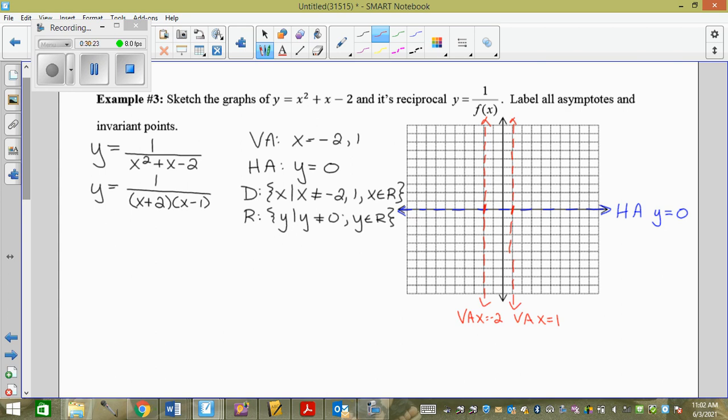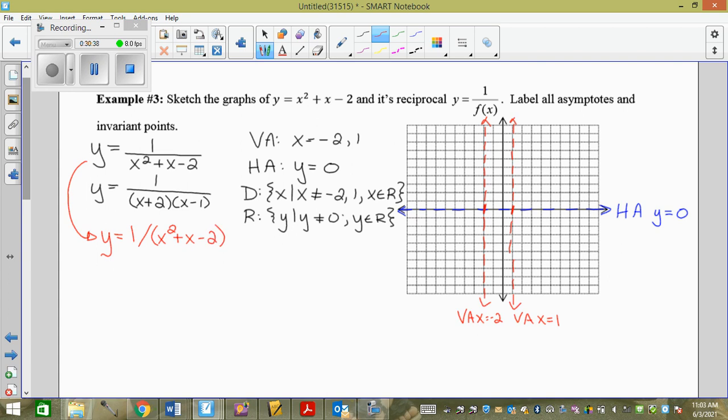I'll show you. Type this into your calculator, making sure that you can just type the original in. You can go y equals 1 divided by, in brackets, x squared plus x minus 2. The trinomial has to be in brackets.